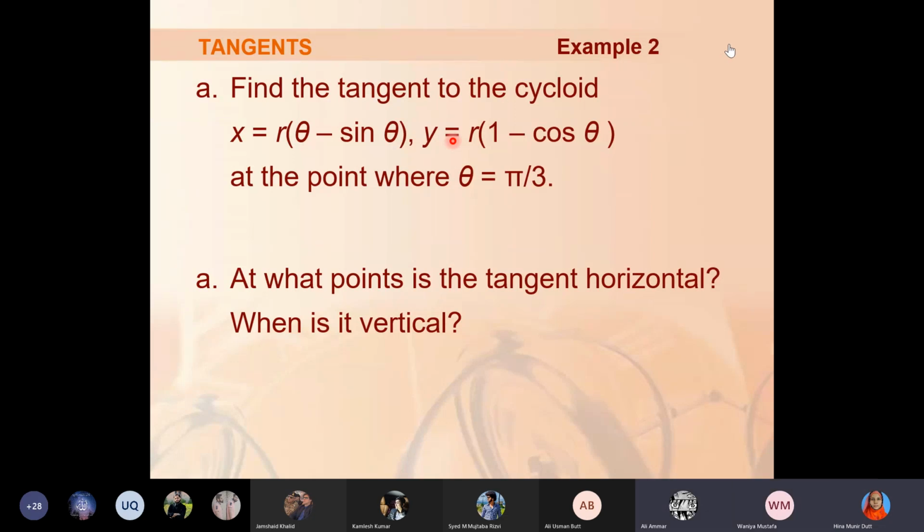Ma'am, then should we find dx over dr and dy over dr? Not dr, you have to find d theta. Theta is a variable. Theta is changing. R is fixed. Small r is fixed. Radius of the circle is fixed. Theta is changing as the point P moves.